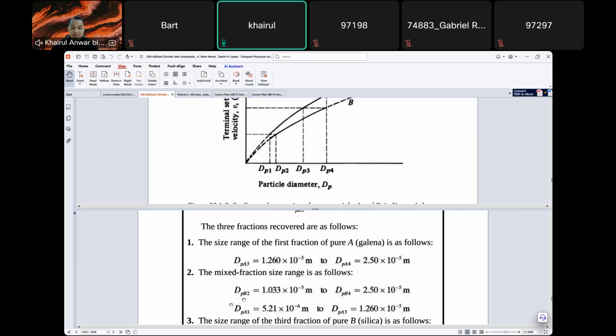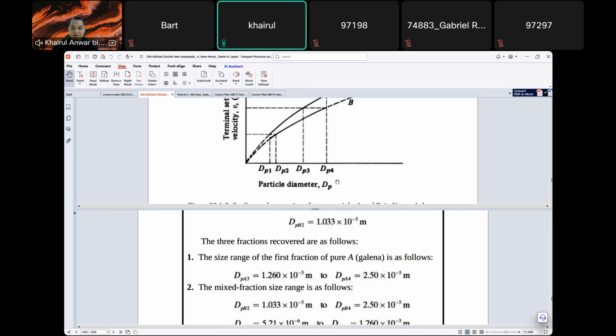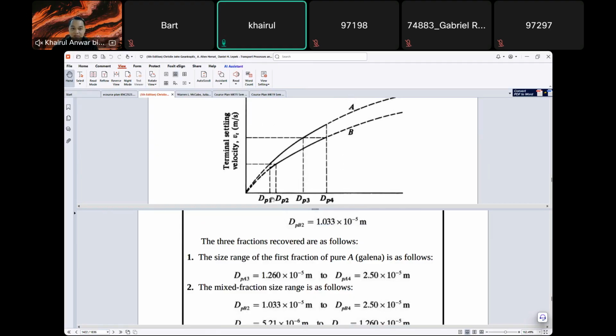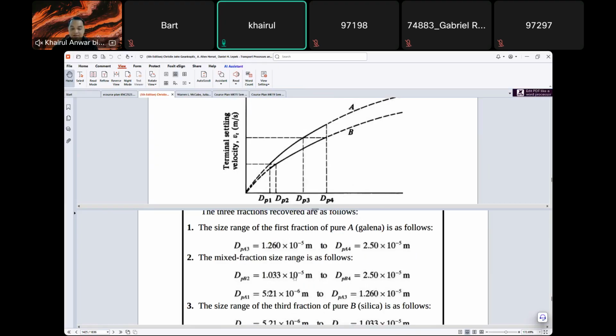The mixed fraction is dpb2 to dpb4, and dpa1 to dpa2. So for material A, dp1 to dp3. For material B, dp2 to dp4.